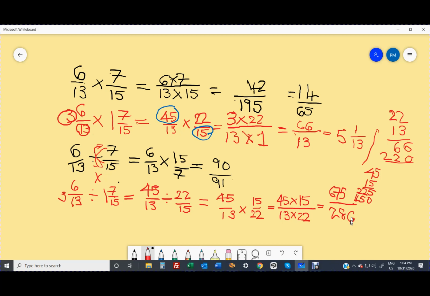Is there anything we can divide into each? Not easily, because we got a 5 there, we got a 6 there. No. I'm just going to rub that out so we got a bit more space. Then we go back to equals 286 into 675.